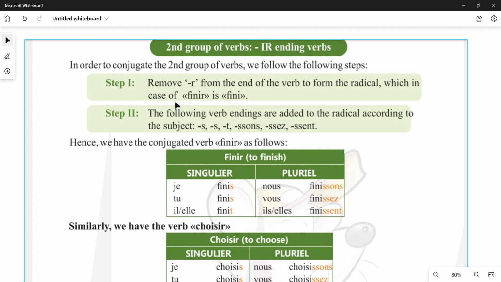Like in IR ending verbs you have to remove R, and in ER ending verbs you have to remove ER. That is why, before watching this video on the second group of verbs, you should first of all watch the first group of verbs video. Then you will be able to understand the second group of verbs very nicely, because I have explained the full concept of all these three groups of verbs in the first group video. So watch that first, then come here and watch this.